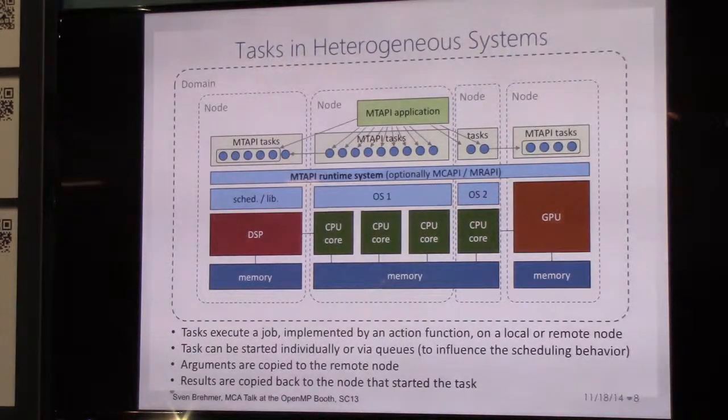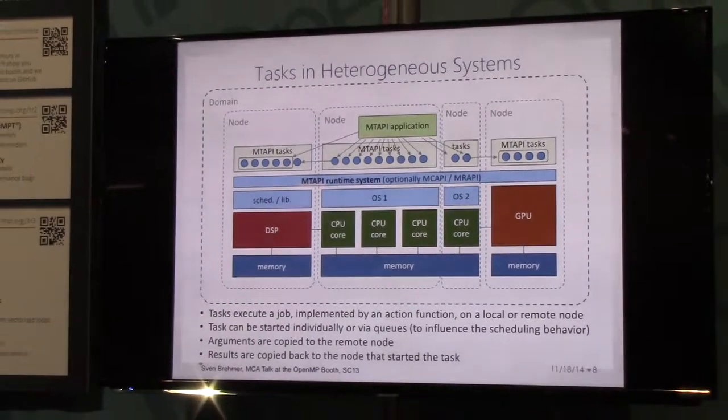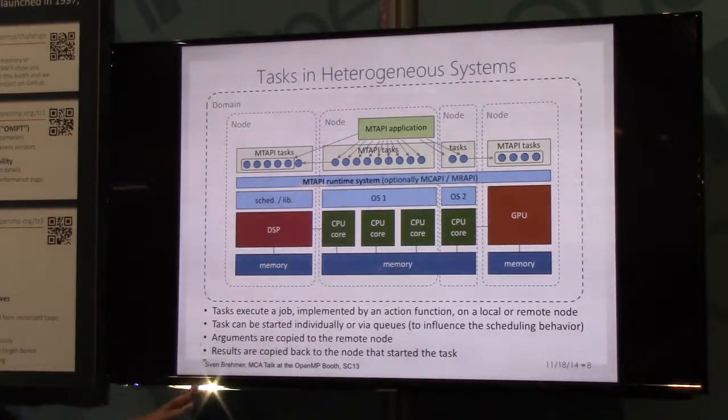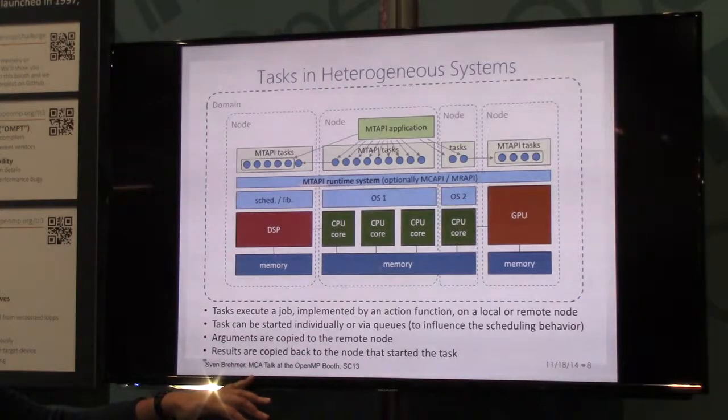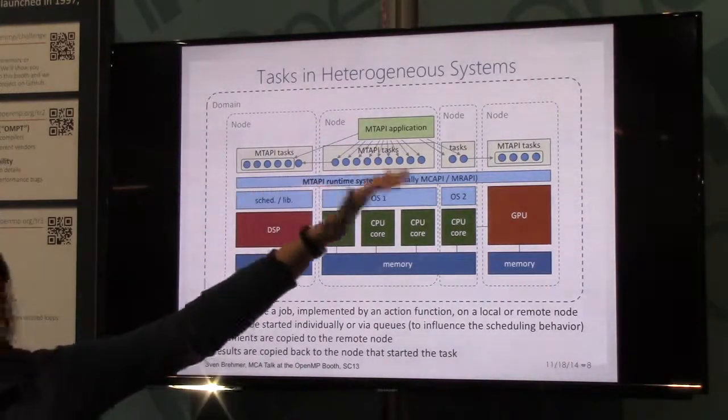All right, I thought I should go a little deeper into the task concept, because communication and resource management are something that we all use on a daily basis. In tasks, if you look at the picture, this is something that Sven Brehmer, who led the MCAPI discussions when we formulated the API, made, and the slide is borrowed from him. An MCAPI application is broken down into several tasks.